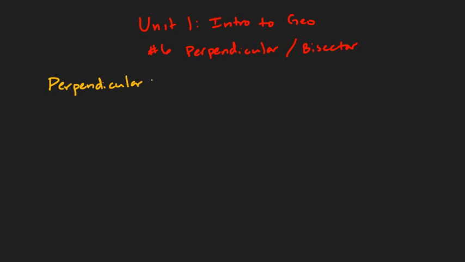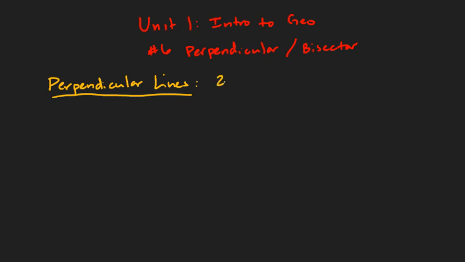Perpendicular lines. Okay, so when we have two lines that intersect to form right angles, they are perpendicular. I think sometimes people think perpendicular means just intersecting or just crossing, but it doesn't, right?